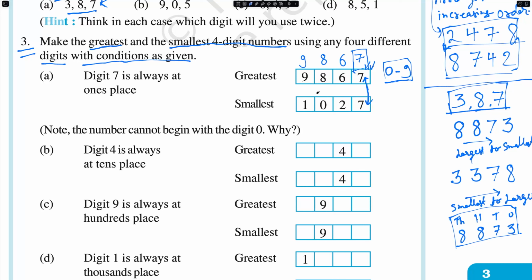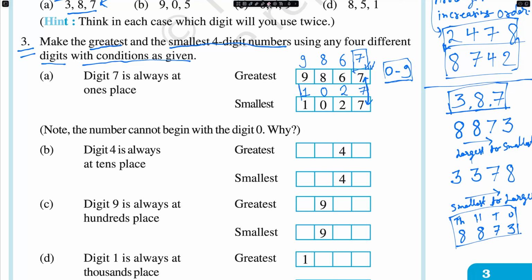So I will use the digit just greater than 0, which is 1. Then since we have not used 0, I would like to keep 0 at the 100's place. Then since we have used 0 and 1, the next bigger digit is 2. And then we cannot change 7. In this way, guys, we concluded 1027 as the smallest number.